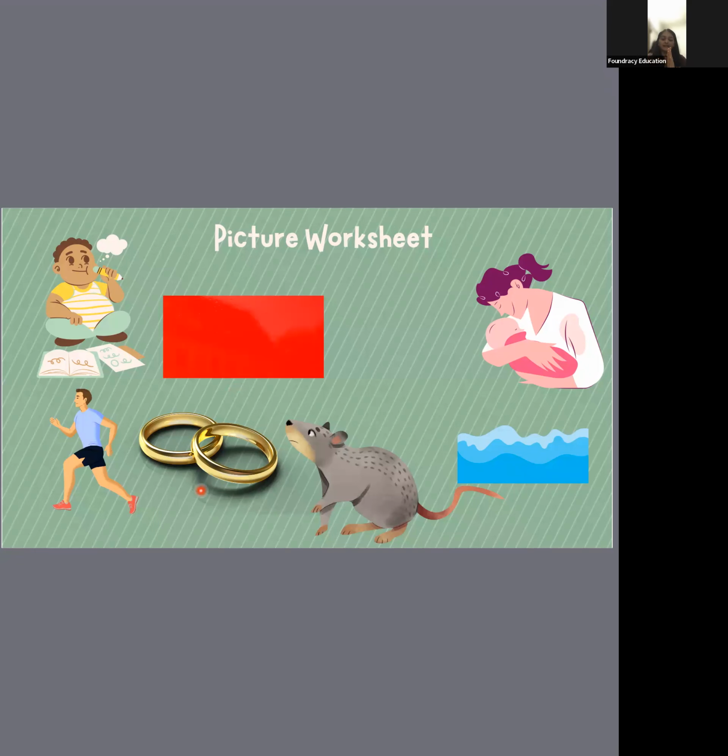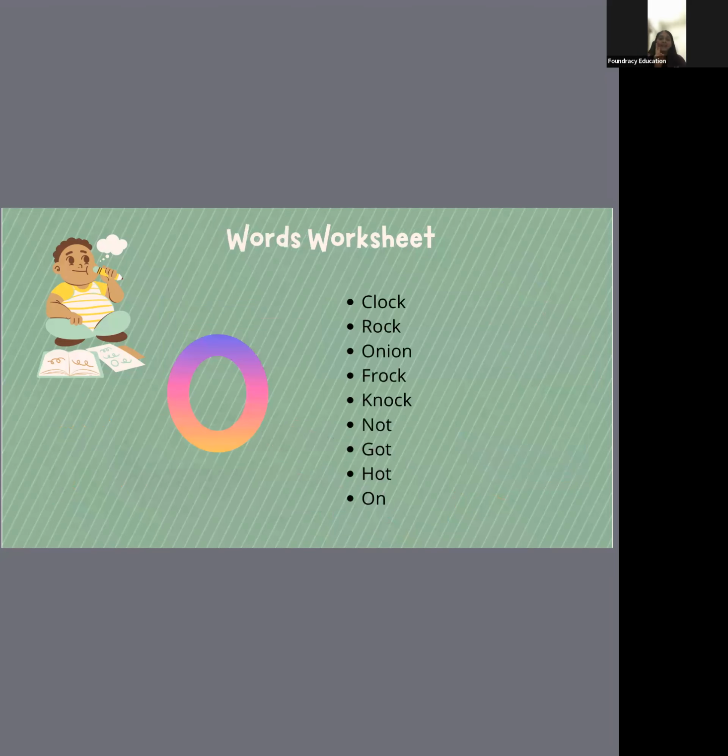This is ring. Similarly, this un. This is run. Similarly, this rat. Now the rest of the two. Mother. And this water. Water.